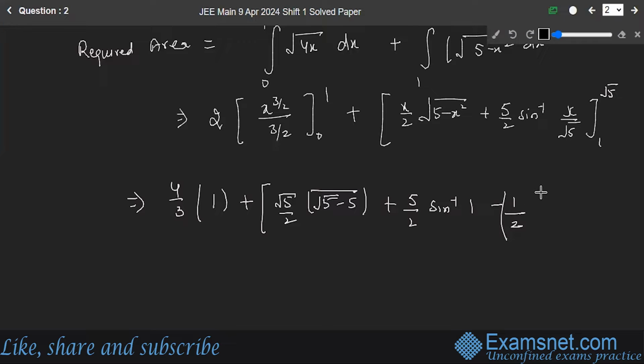This will be root of 5 minus 1, that is equal to 2 itself. And this will be 5 upon 2 sine inverse of this value. Okay.